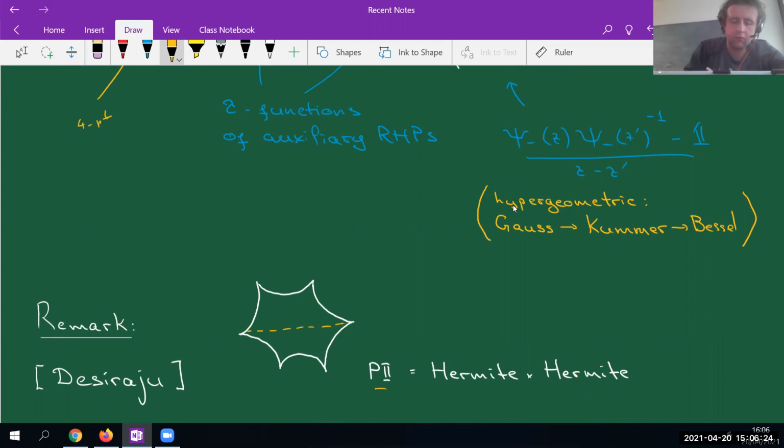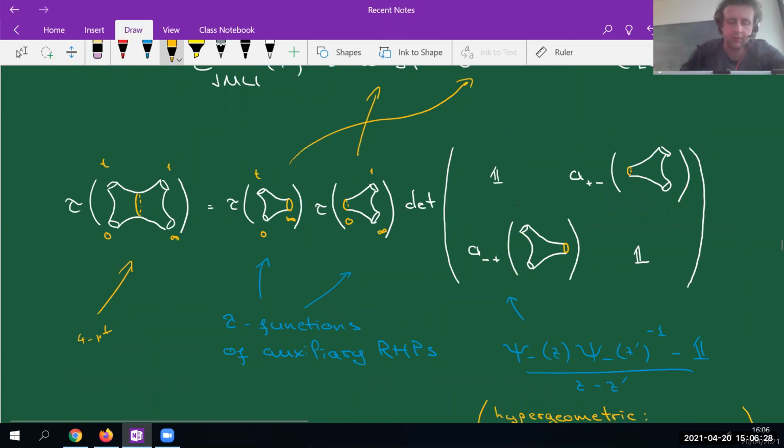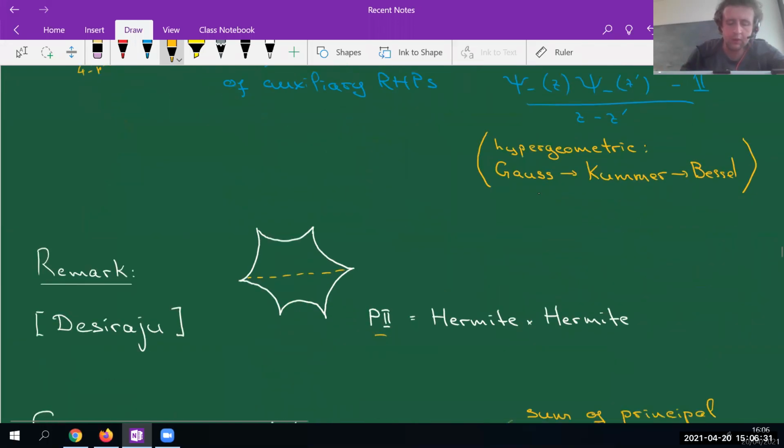Remember that for Painlevé 2, the analog of this Riemann surface picture was this hexagon, and basically you can cut a hexagon into two quadrangles corresponding to two Hermite-Weber parametrices. But this, again, will not be our concern today. So for us, the Riemann-Hilbert problem will be always set on a circle.